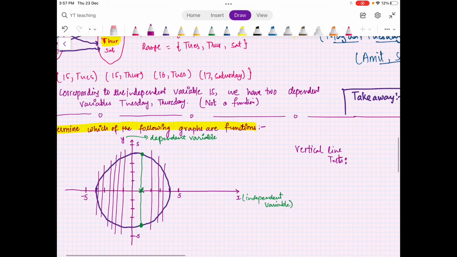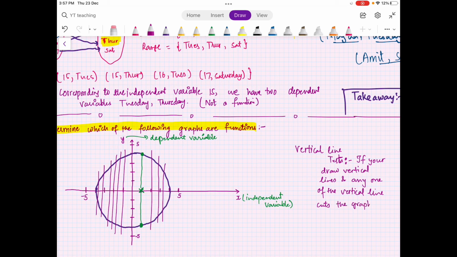This test is, if you draw vertical lines and any one of the vertical lines, at least any one, cuts the graph at more than one point, so it can be 3 also, then it is not a function.